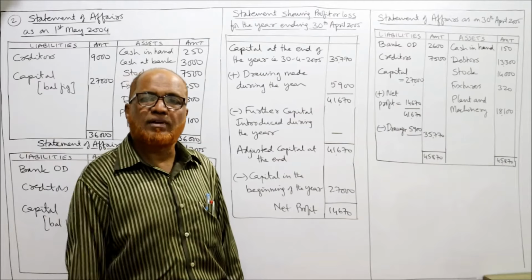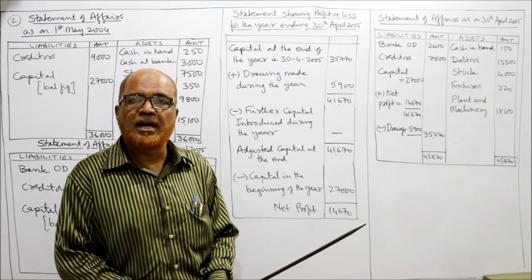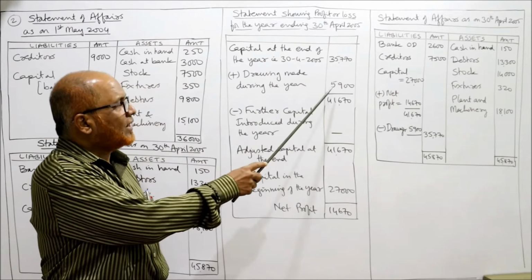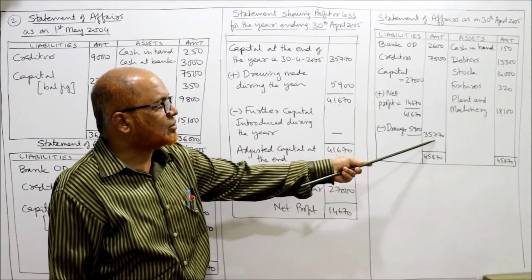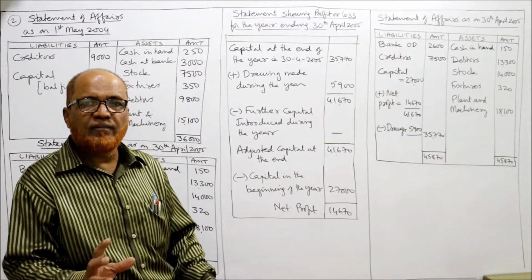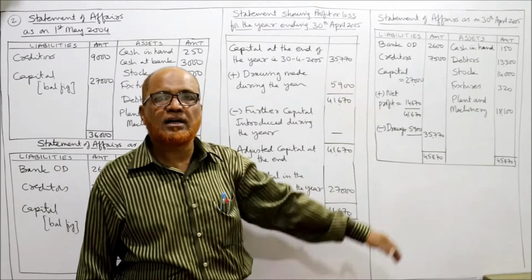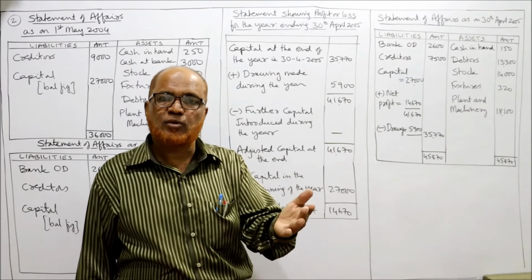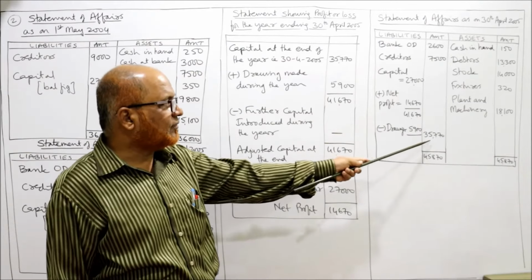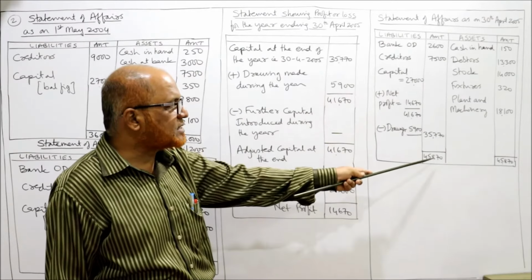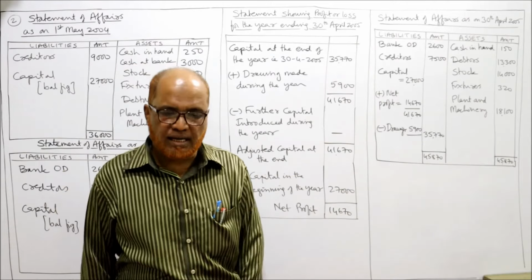From 41,670, subtract the drawings made during the year. Drawings are 5,900. Subtract 5,900, you will get 35,770. The only difference is we have shown all the calculations of add the net profit, subtract the drawings. So ultimately 35,770. The total of the statement of affairs is 45,870.